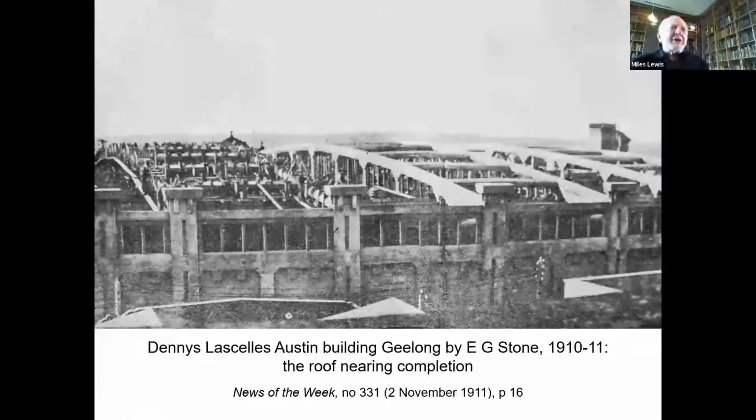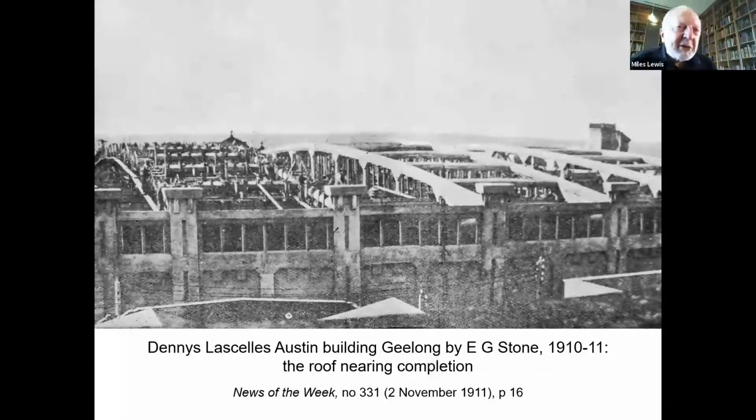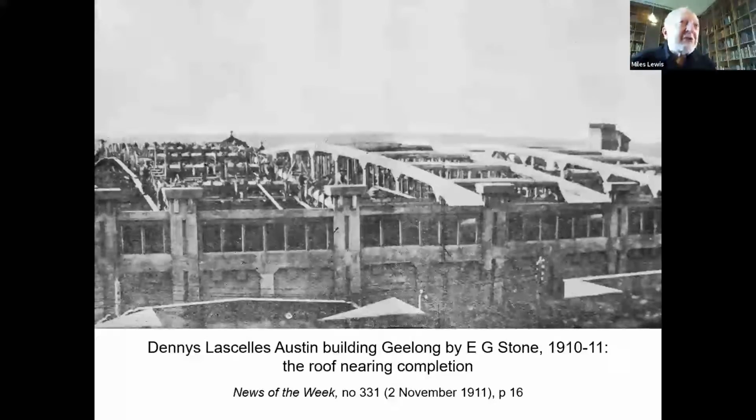And here it is being introduced in Australia. The name Considère was never, to my knowledge, mentioned in Australia by anybody, never published in any technical journal, and yet this odd engineer, E.G. Stone, Edward Giles Stone, seemed to discover the system and built this giant roof structure at Geelong on his system. And what it consists of is 3 bridges. You see that there were 3 bridges in parallel, each pair is joined together.